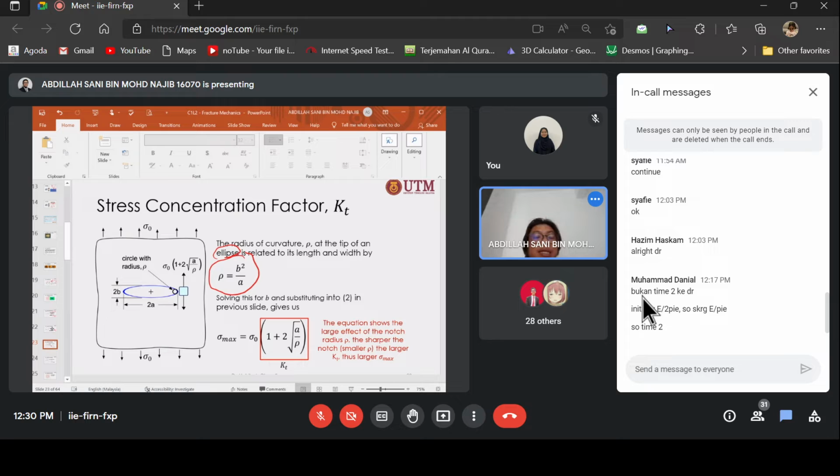The curvature rho at the tip of an ellipse is related to its length and width by rho = b squared over a. Solving this for b and substituting it into equation 2 in the previous slide gives us this one.